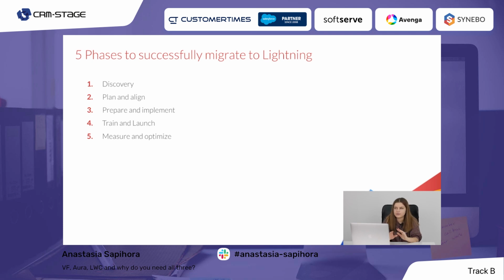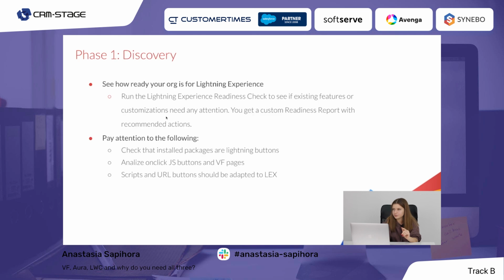Also, we can review five phases to successfully migrate to Lightning. It's discovery, plan and align, prepare and implement, train and launch, measure and optimize. Let's quickly go through all of them. Firstly, you need to discover: is your system Lightning ready or not?